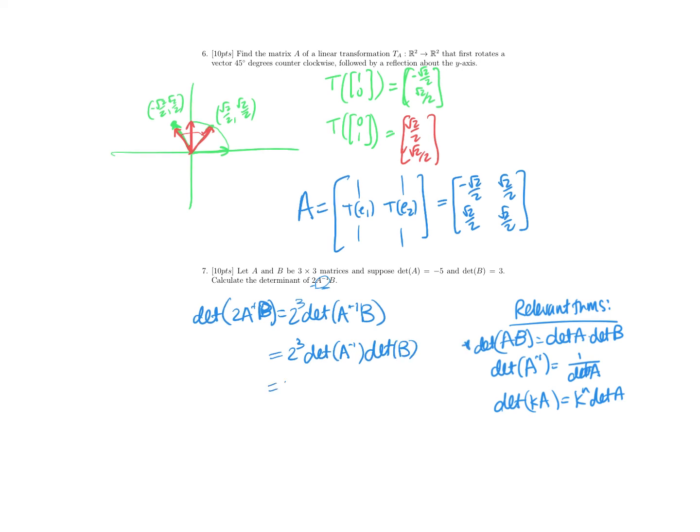And then that is 2 to the third times 1 over the determinant of A times the determinant of B. So this gives me 2 cubed times 1 over negative 5 times 3.